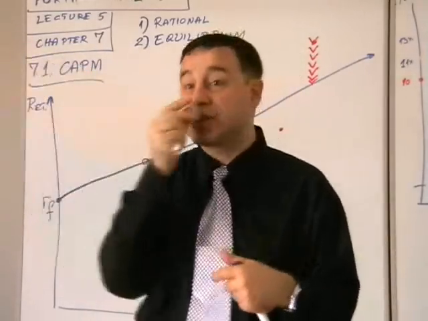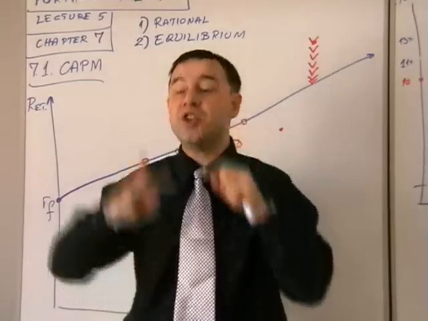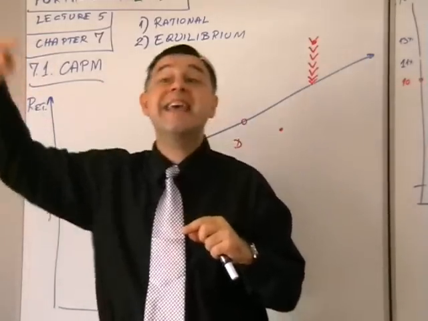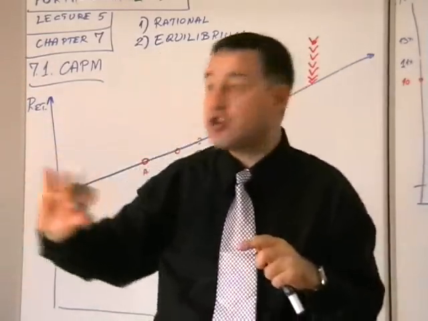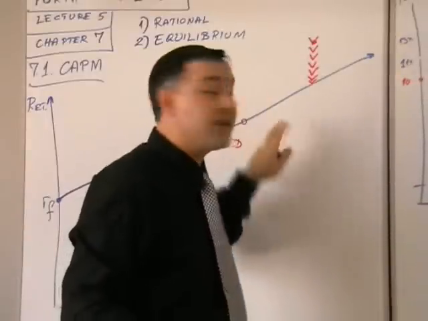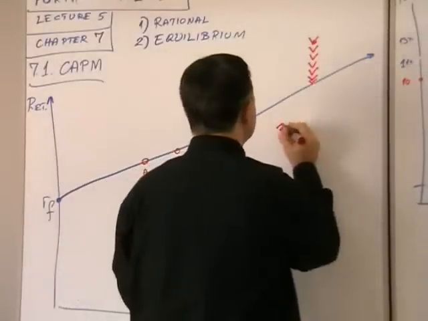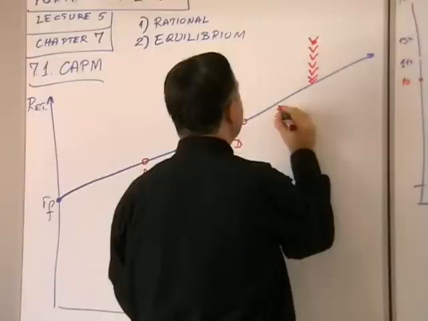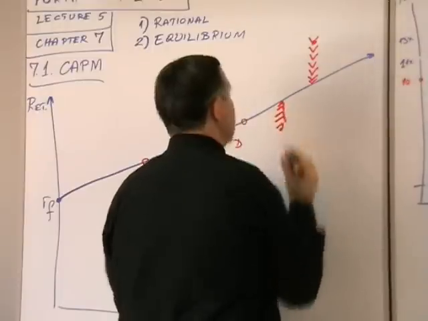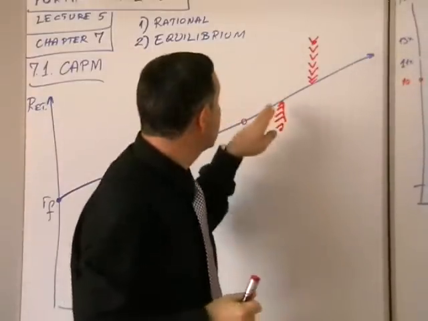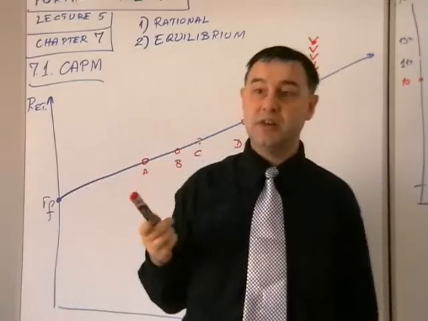Just buying and selling the stock does not change expected future cash flows and does not change the discounting. So all that changes is the price, and if the price falls, the result is to drive the expected return back to the curve.